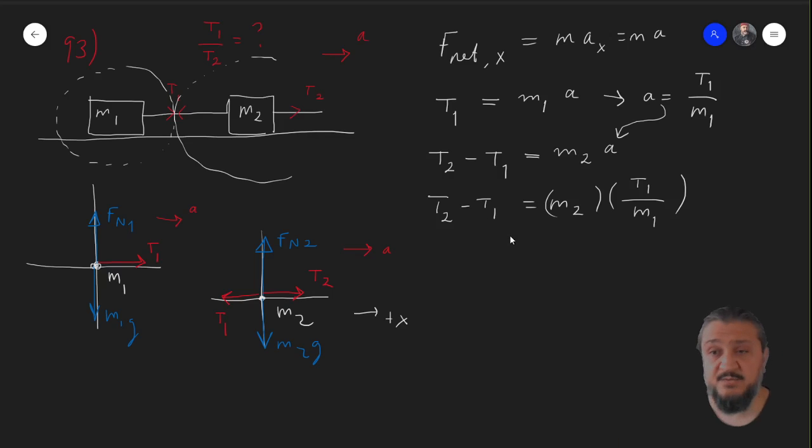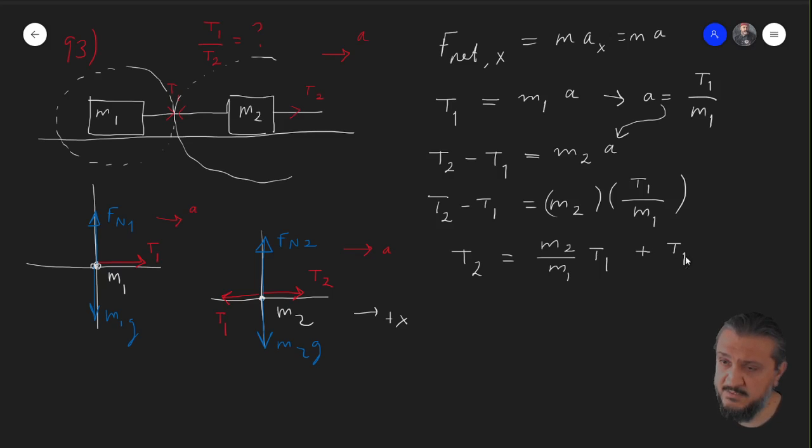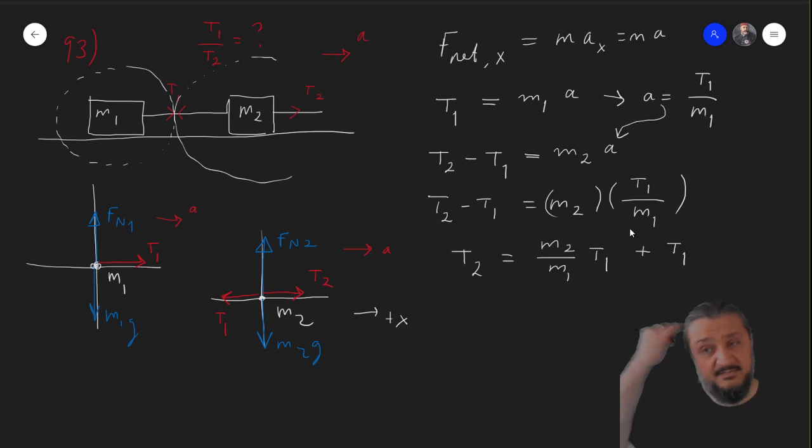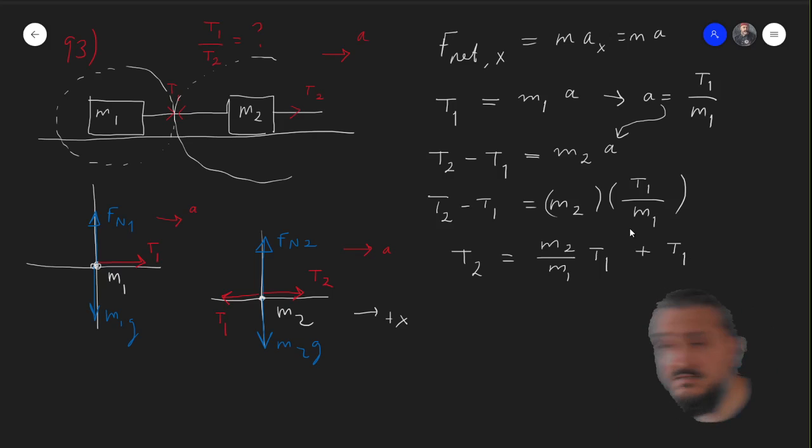In other words, I'm going to add T1 to both sides to get T2 equals M2 over M1 times T1, which is just this, plus the T1 that I carried from the left. Okay, so I got rid of a, and I only have T's and M's.